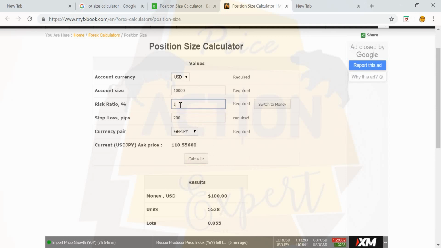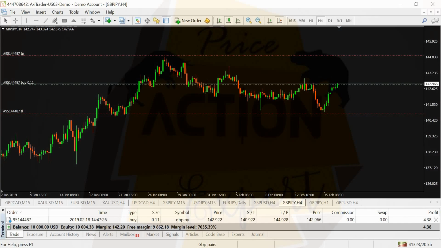Okay, let's say we are doing it for 2%. For a $10,000 account, I'm taking 2% risk here with a stop loss of 200. Okay, the lot size would be 0.111. The money you would lose if it hits the stop loss is $200. See here, exactly you have done it. I have placed it: 2% risk, $10,000 account.